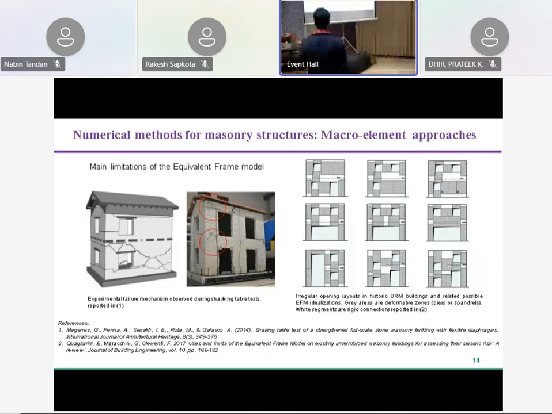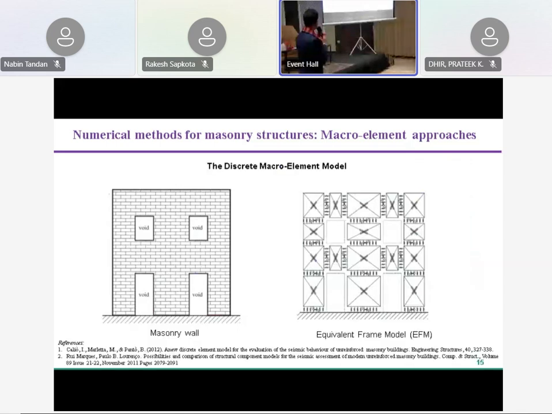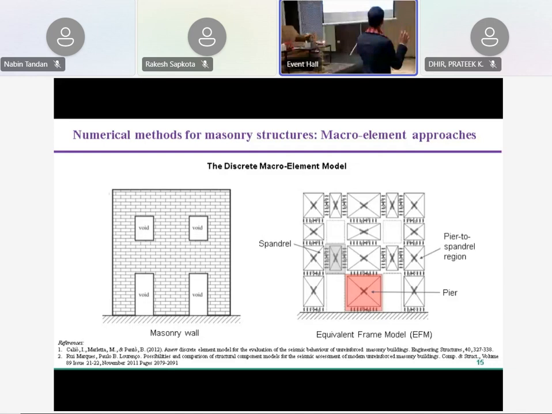This is why, starting from 2004, something like that, at the University of Catania, next please, we developed another model, and we called it the discrete macro element model, trying to move from the 1D discretization used in the equivalent frame model to a more geometrically consistent simulation of each panel, and in particular also simulating the region connecting piers and spandrels.